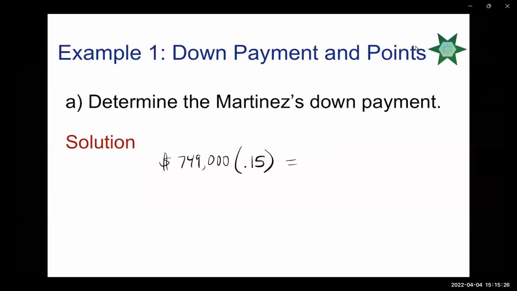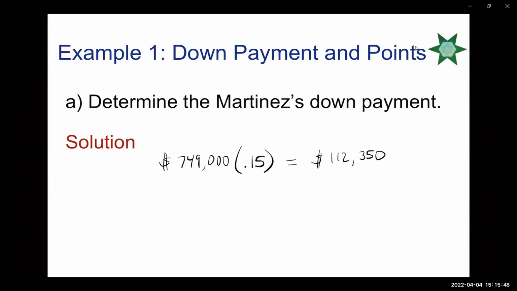So if you get your calculators out, you will see that would be what? 749,000 times 0.15. This person would have to put a lot of money down. That's a lot. $112,350 down payment.